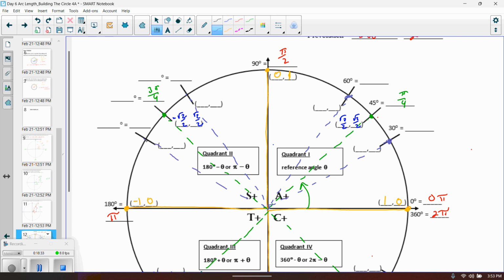I would basically have cut this into 6 equal pieces. Okay, I have 1, 2, 3, 4, 5, 6 equal pieces going around the top part of the circle, which means 30 degrees is the same thing as 1/6 of pi, or pi over 6.